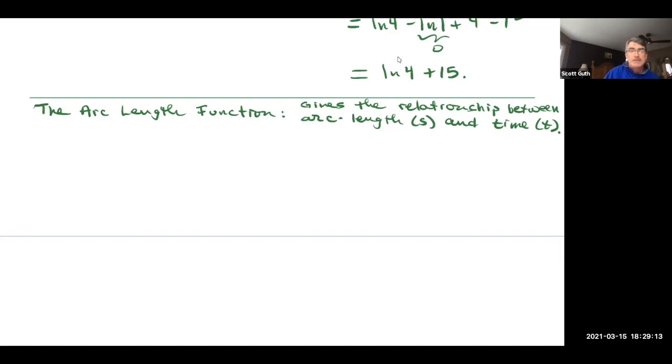That allows us to say, okay, now if we're describing position in terms of arc length instead of time, then any measurement we do is going to be a geometric measure, not a physics thing where you're looking at rates and stuff like that. So let me define the arc length function.